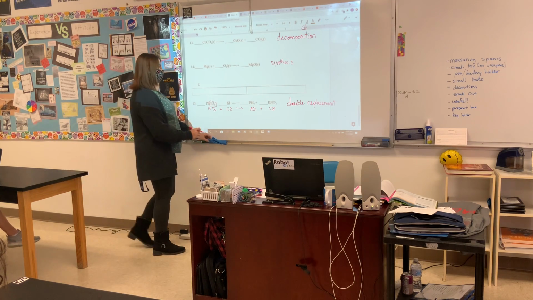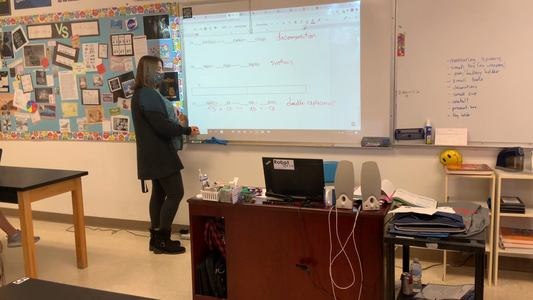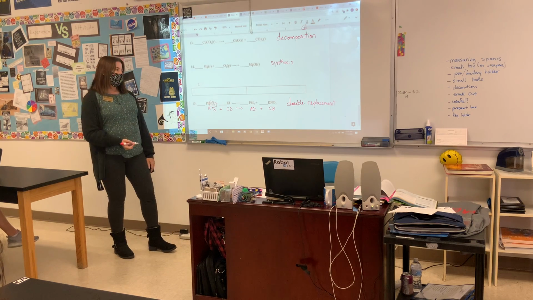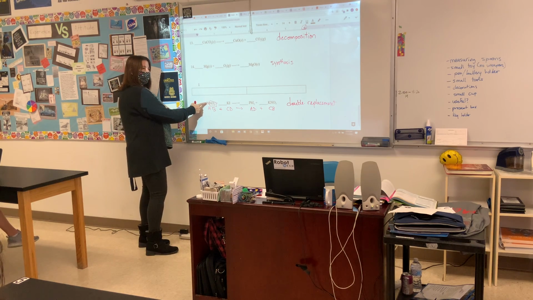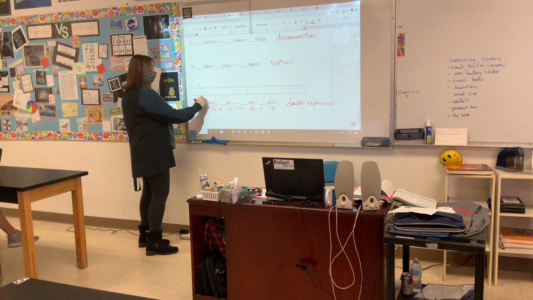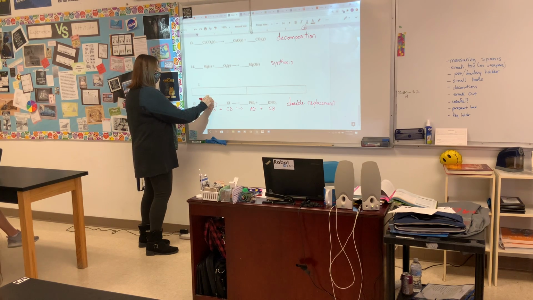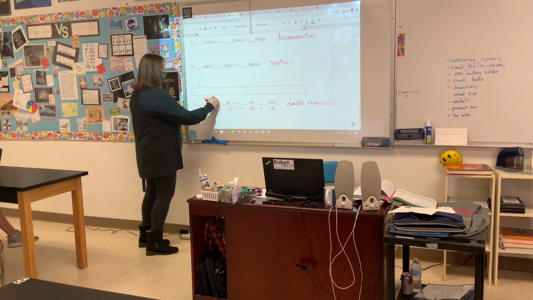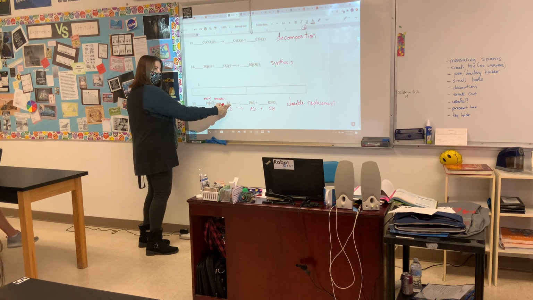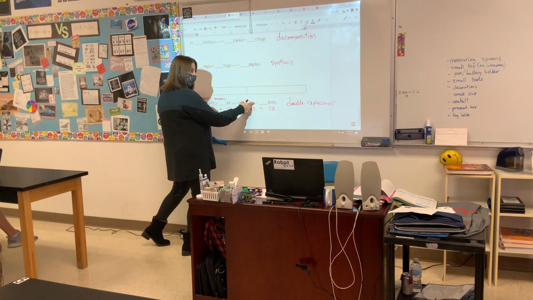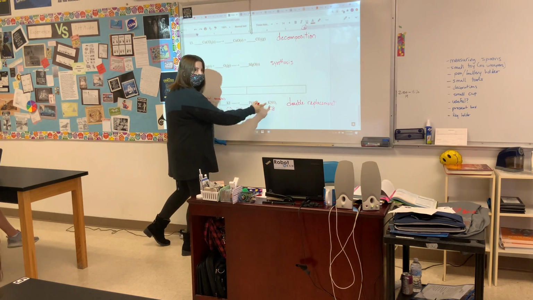Okay? So this NO3 is a polyatomic ion. You'll notice that almost always when things are like this, you see a metal and a polyatomic ion that is non-metals. Metal, non-metal. Metal, non-metal. Metal, non-metal.